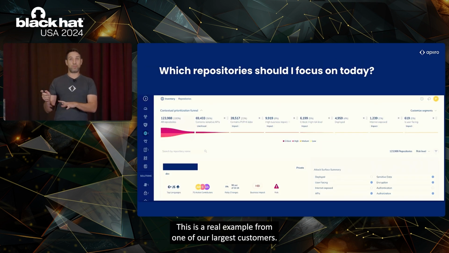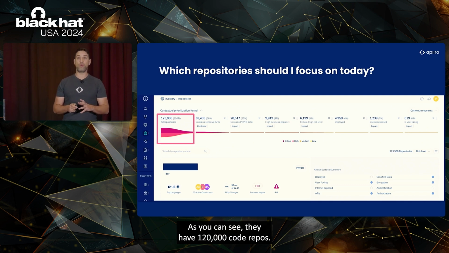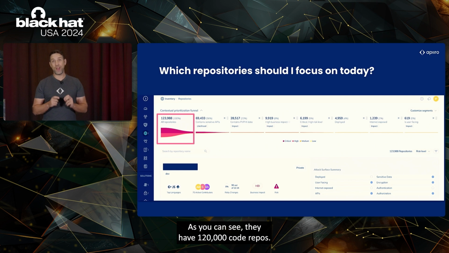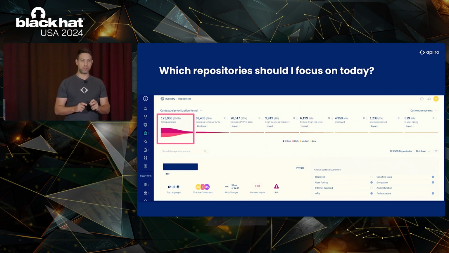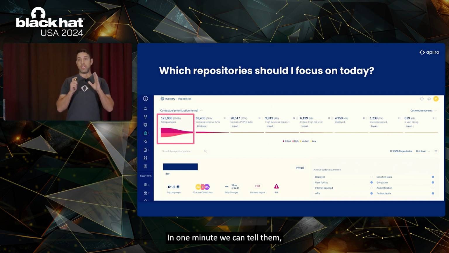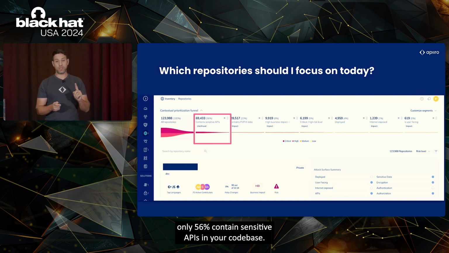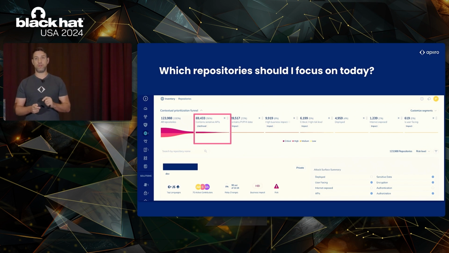This is a real example from one of our largest customers. As you can see, they have 120,000 code repos. They have 7,000 developers. In 1 minute, we can tell them only 56% contain sensitive APIs in your code base.